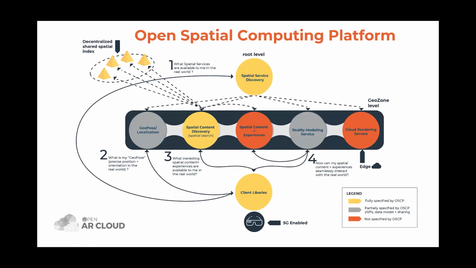So just a quick recap how the OpenAI Cloud system worked. This was designed by James some years ago, and spARcl still has the same, let's say, workflow. So there is spARcl on this device, and there are some client libraries that connect first to some spatial service discovery, and here we retrieve, based on course location, a number of services, which can be localization services or can be some content discovery services and many other services.